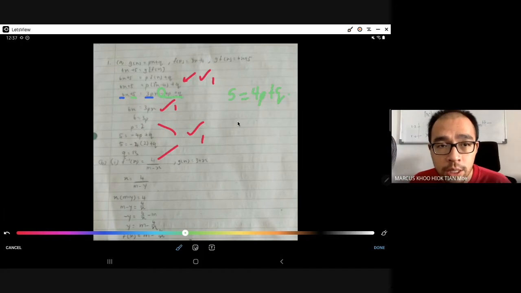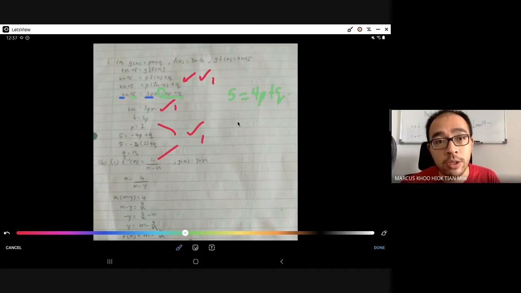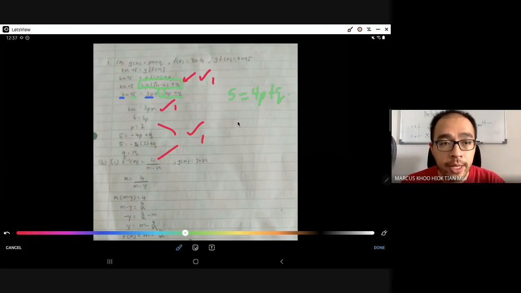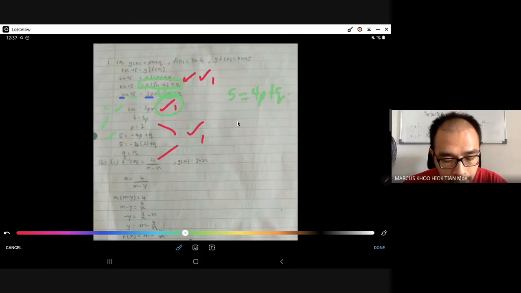Now, this question is a 3-mark question, so it is helpful for us to know where the 3 marks are. The first mark is if you can just do a very basic composite function. You can put the second function into the first function. That's 1 mark. The second mark goes for comparing. If either of these is correct, you will get the second mark.